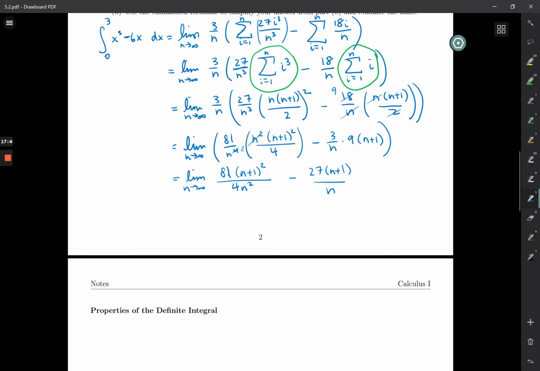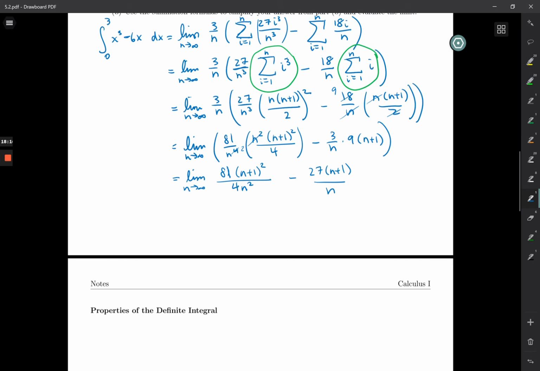You can choose whichever way you think is most intuitive, but one option is to combine these two fractions and then take the limit, and that will always give you an answer. But it is a bit more work because you have to find a common denominator, and you could make an algebra mistake.